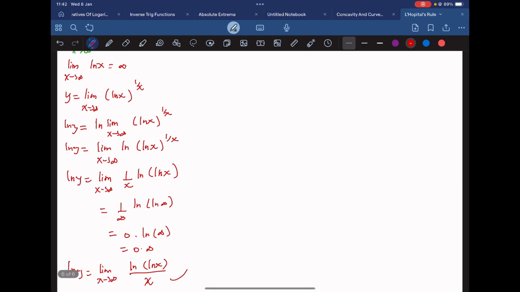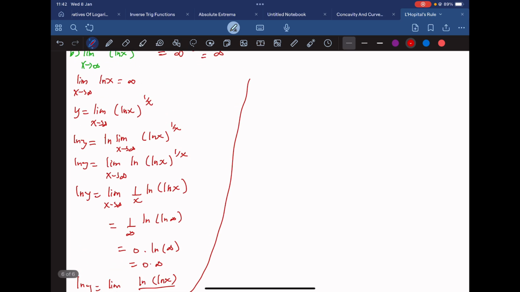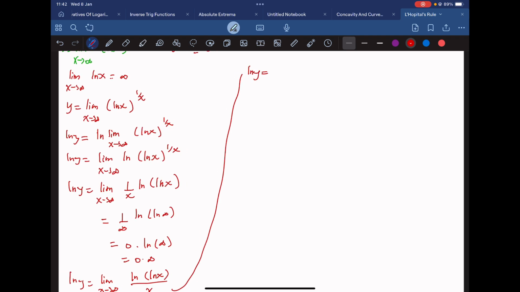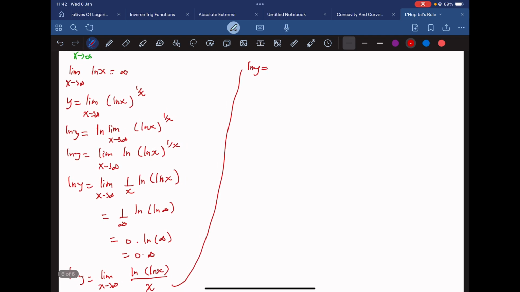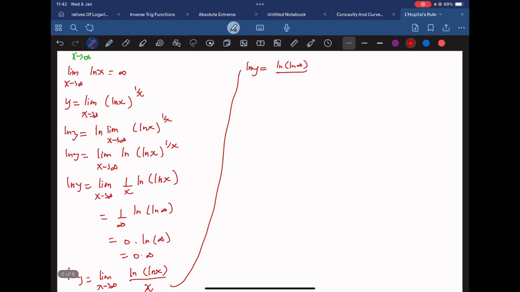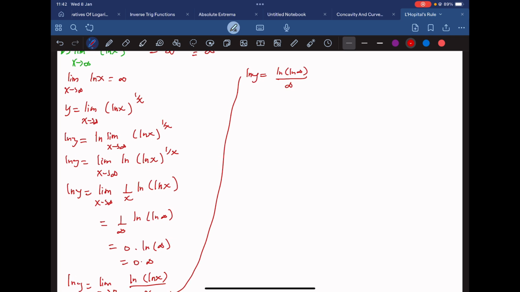So let us continue here. If we do that, we have ln of y. Now let's put in infinity. We have ln of infinity. Then the denominator is infinity. Remember, ln of infinity is infinity. So you see, we have an indeterminate form that we want now.